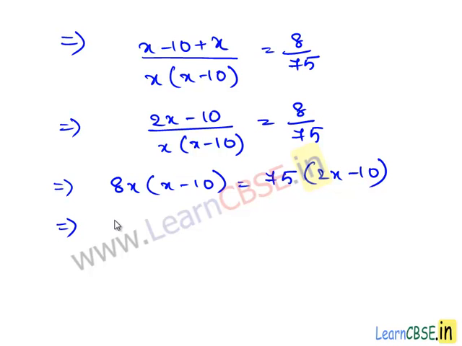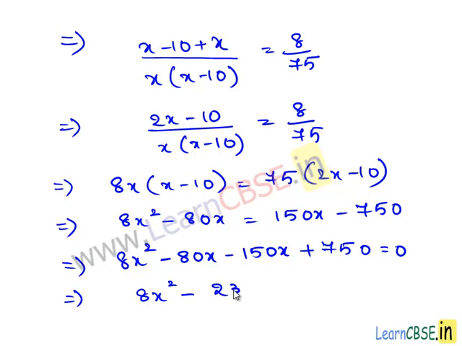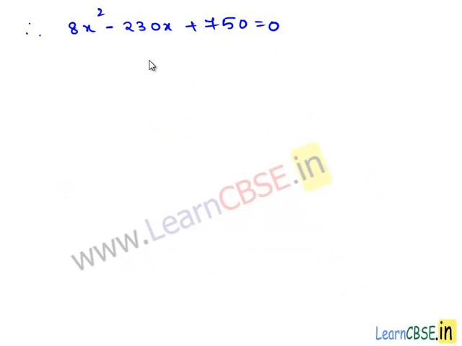On expanding, we have 8x square minus 80x is equal to 150x minus 750. Transposing 150x minus 750 into the LHS, we have 8x square minus 80x minus 150x plus 750 is equal to 0. So this implies 8x square minus 230x plus 750 is equal to 0. Now we have finally obtained a simplified quadratic equation.